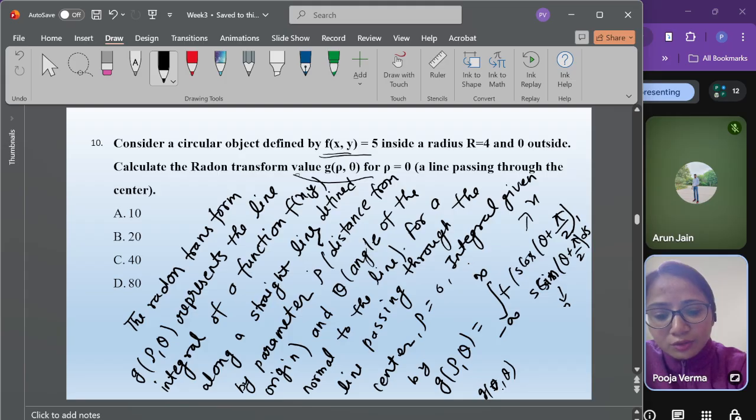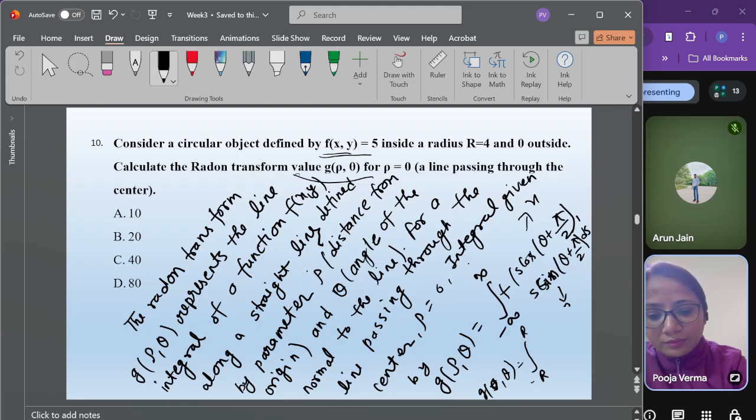So g(0, theta) is not dependent on the angle, so just take it as a constant. I just write it here as 0, theta, and the limits will be the radius, minus r to r, because it is a circular object.